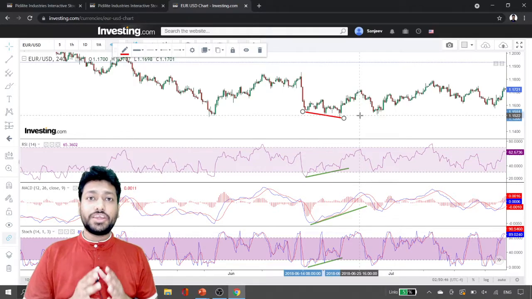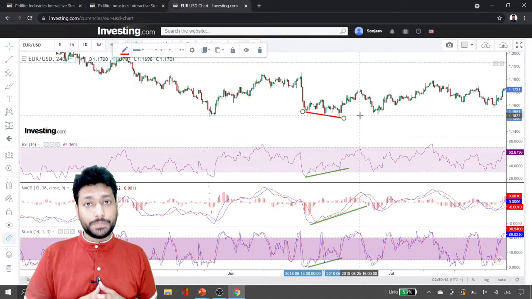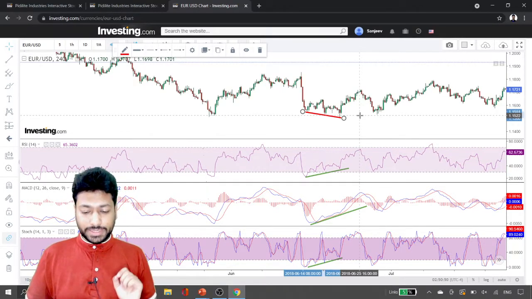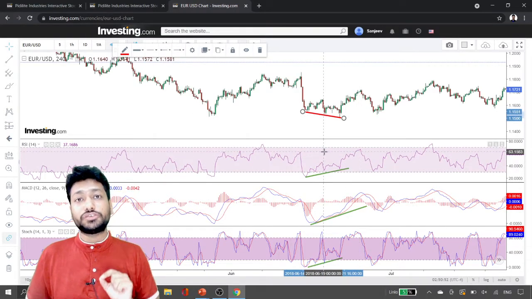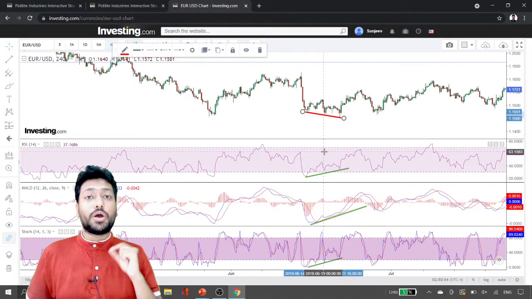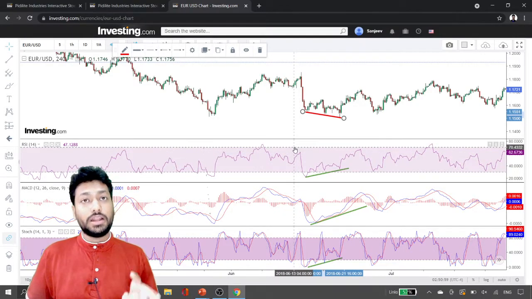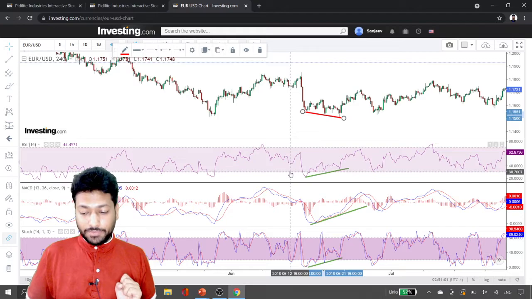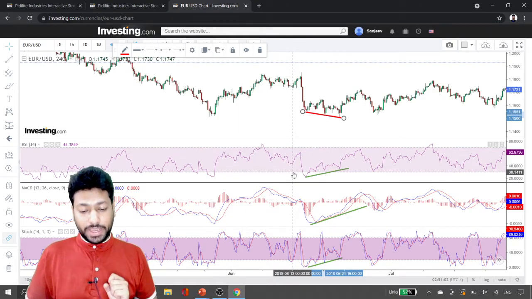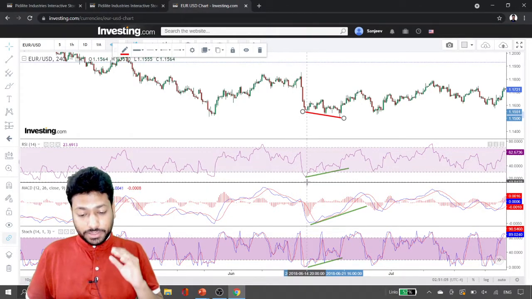It helps us identify the area in which we need to trade. Also, there is an important concept in divergence: it should be considered beyond the ranges. If you are considering RSI, there is an important level of 70 and an important level of 30. Divergence should be identified from the 30 level.